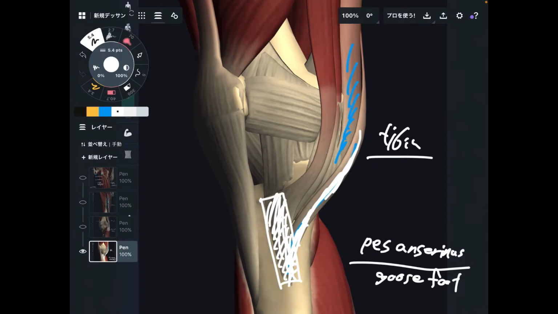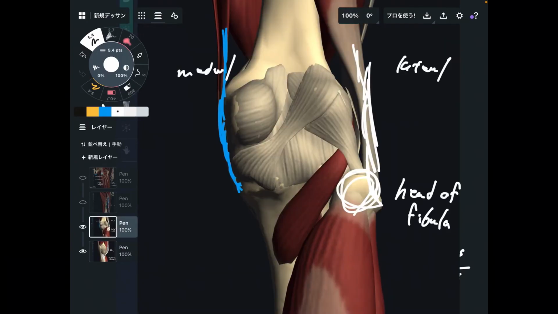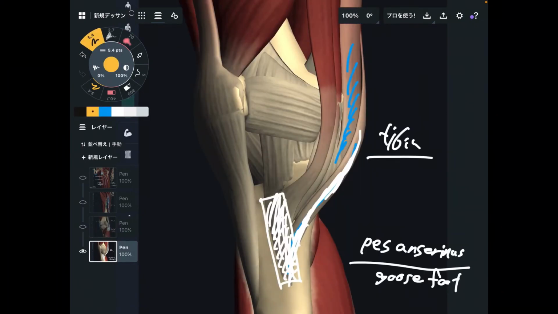Anyhow, hamstrings cross the knee joint. Biceps attaches to the head of fibula. Semitendinosus attaches to pes anserinus. Then semimembranosus basically attaches to the tibia. So this is the origin and insertion of hamstrings.